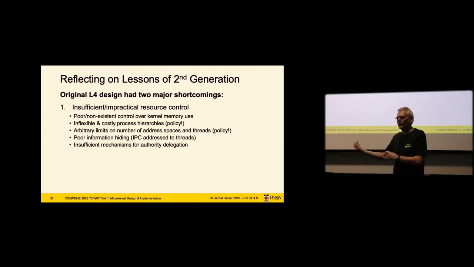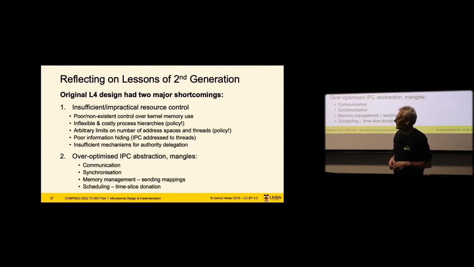I didn't go into that, but I talked about the kernel memory pool, where you could mount denial of service attacks, etc. The need for having process hierarchies in order to restrict information flow in the system was not only inflexible, but also created performance issues, etc. So there's a number of things that weren't really well done.